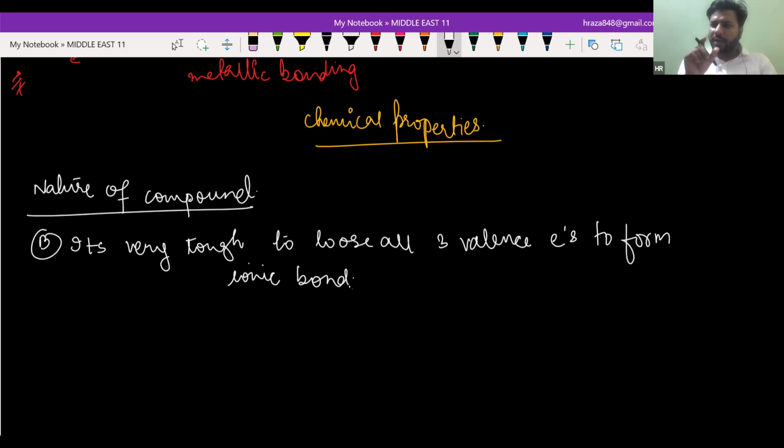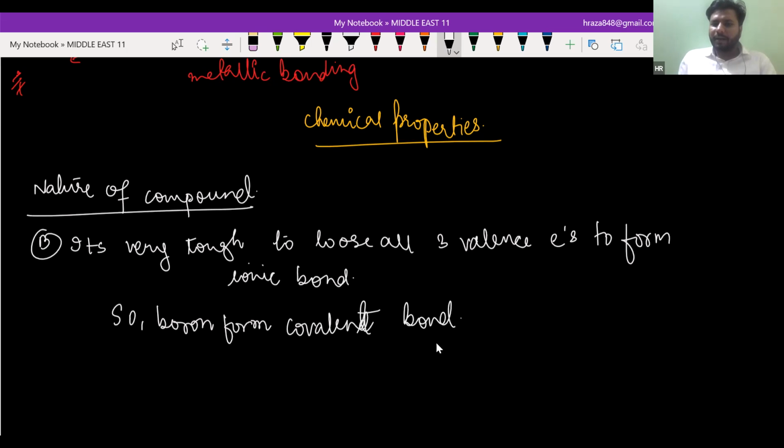Boron has a smaller size. The first electron you take out, you have to give energy, then second electron and third electron. It is very tough to remove all three valence electrons to form ionic bonds. So boron forms covalent bonds. Is that clear, everyone? Yes, sir.